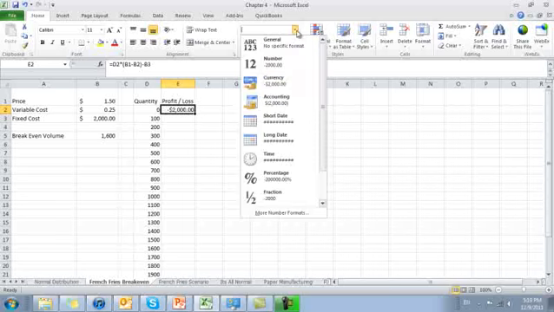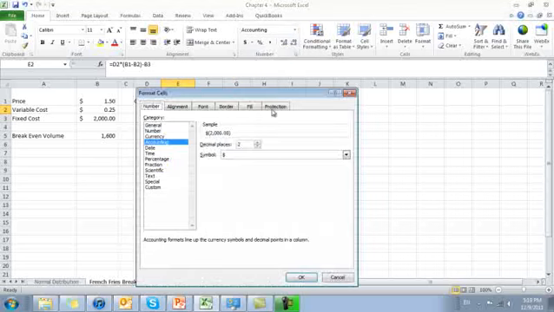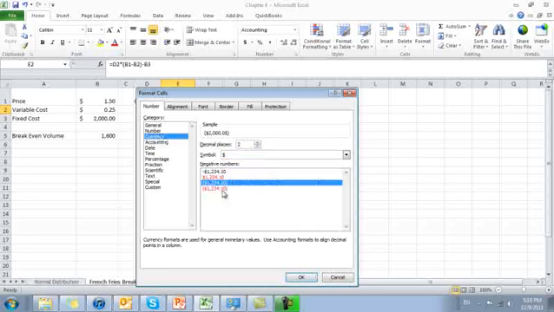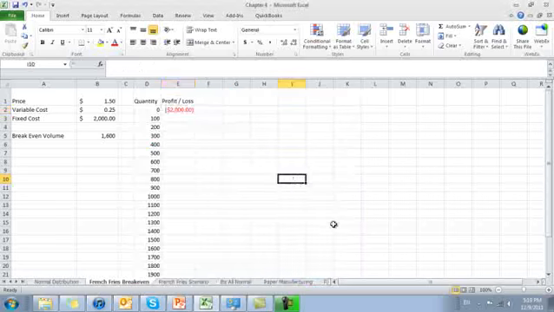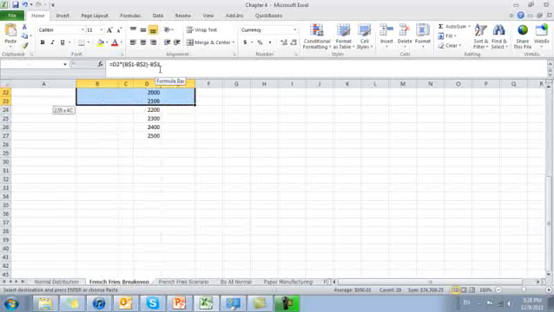That's a negative accounting format. Okay. There we have it. See? Loss. It's red. So I put in some dollar signs for our row numbers for when I want to hold constant. I can then copy and paste.